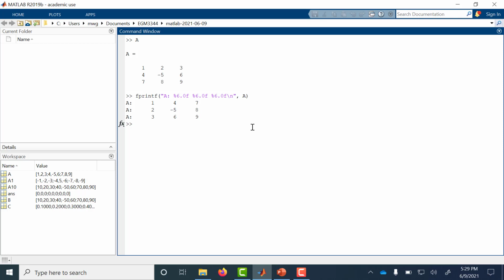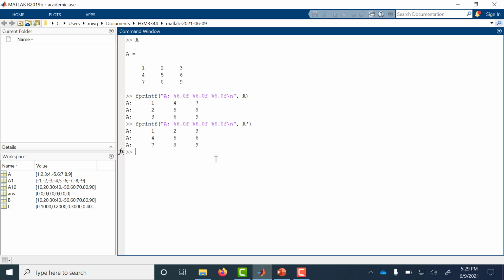So for me to print that A matrix the correct way, I actually have to do the transpose. And I want to show you this tick as the transpose. That tick, or apostrophe, is necessary in order for it to print the A matrix like I want. The A matrix looks like 1, 2, 3 first row, 4, minus 5, 6 second row, 7, 8, 9 third row. So for me to do that print statement, I need to do the transpose.